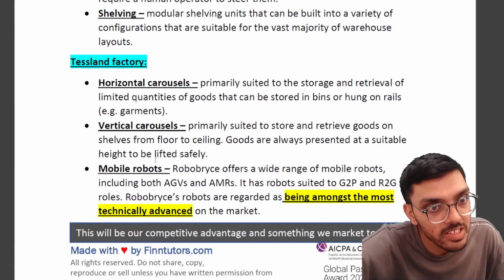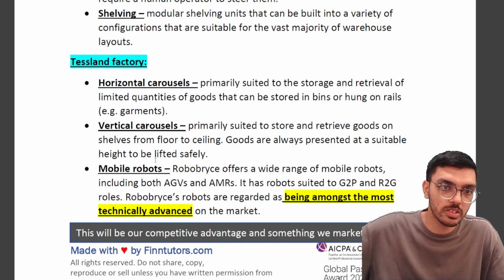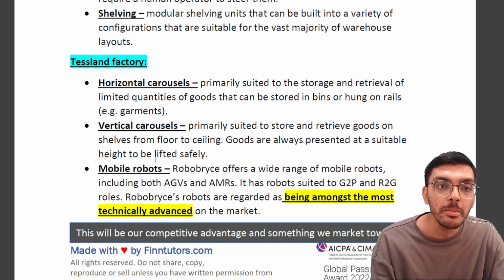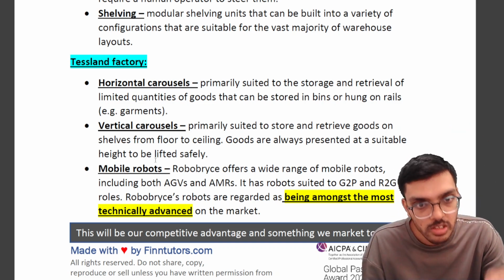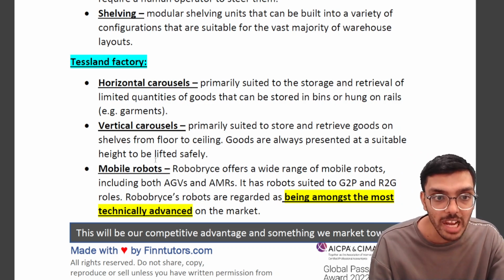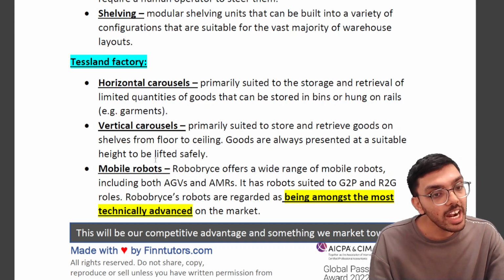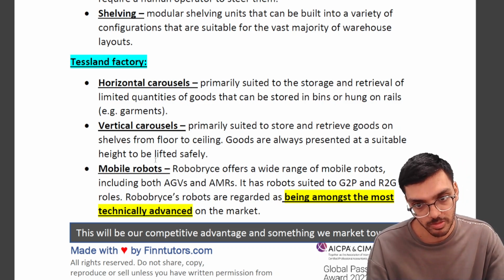Then you have Tesland factory. This makes horizontal carousels, primarily suited to the storage and retrieval of limited quantities of goods. Vertical carousels, primarily suited to store and retrieve goods on shelves from floor to ceiling. And mobile robots. Robobryce offers a wide range of mobile robots, including both AGVs and AMRs.